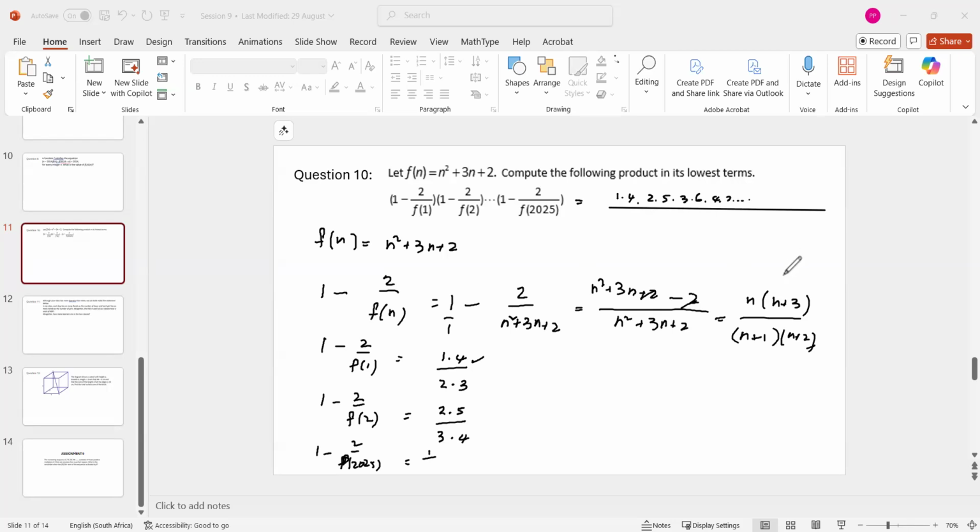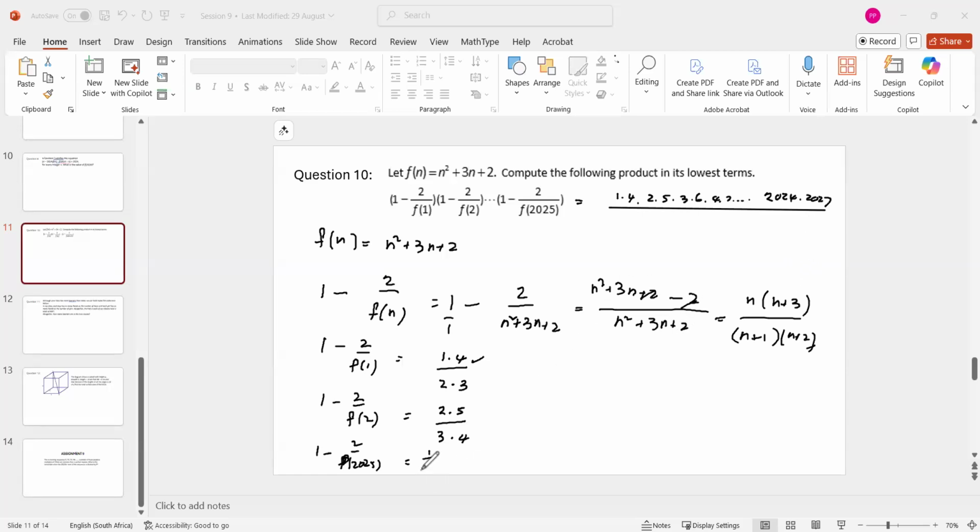And going up to n equals 2024. So it's 2024 times 2027, going up to there somewhere. I think it may be a little bit different, but anyway.